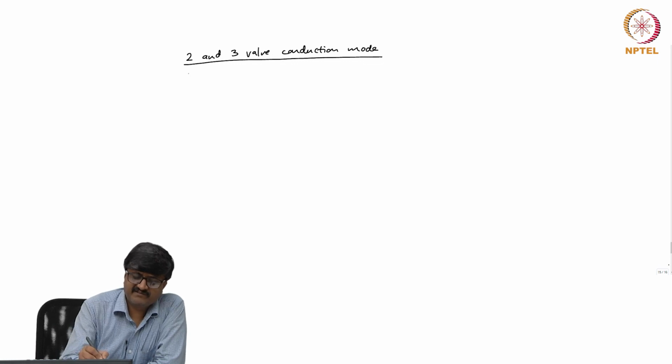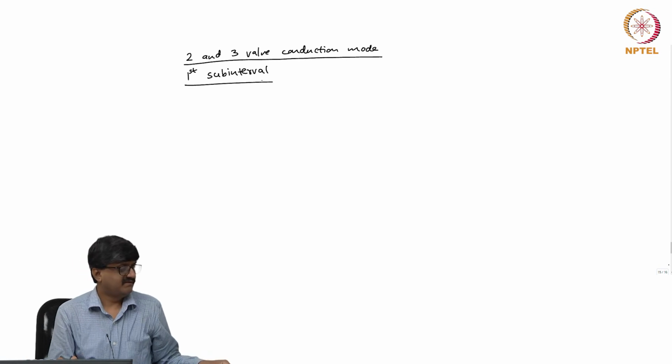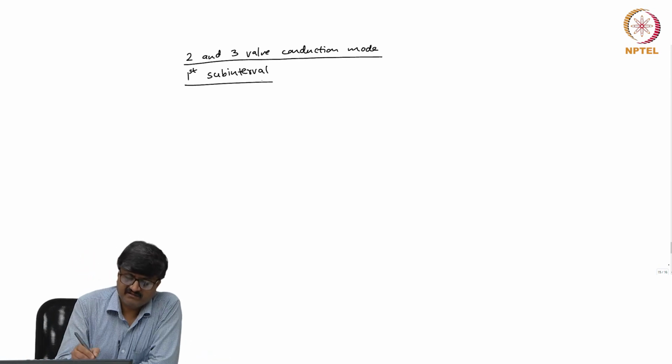If I take the first subinterval, there are 3 valves conducting in the first subinterval. So, I will show only those valves that conduct current. The equivalent circuit is like this.